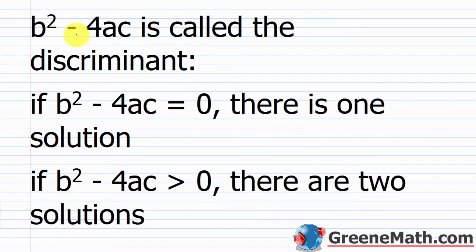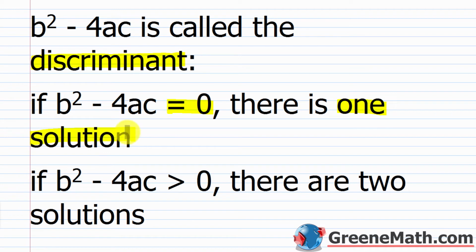So b squared minus 4ac, this is the part that's under the square root symbol, is called the discriminant. Write that down. Very, very important, and it comes up a lot, especially when you get into Algebra 2 and college algebra. If b squared minus 4ac equals 0, there is one solution.